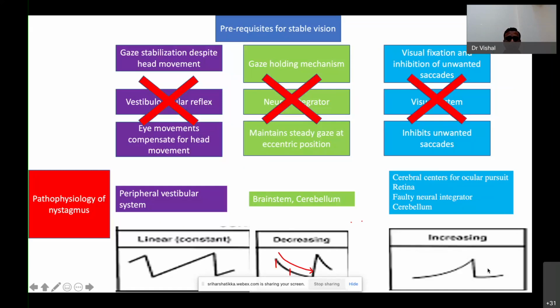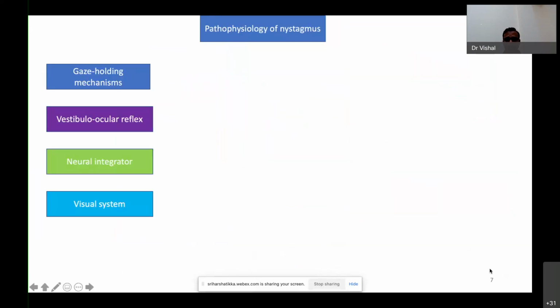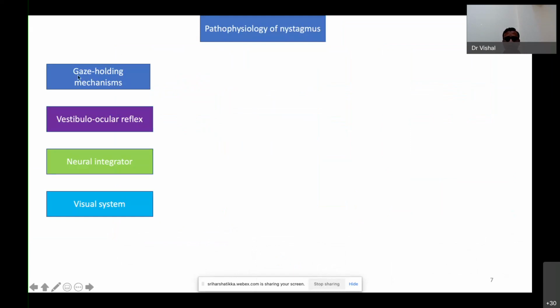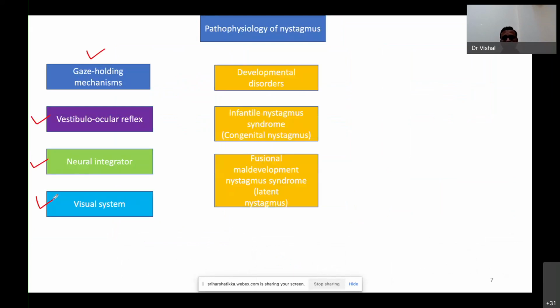Now let us see the various pathophysiologies of nystagmus. The first one I told, if there is any problem in the gaze holding mechanisms, either an issue in the vestibulo-ocular reflex, neural integrator, or visual pathway defect, it can lead to nystagmus. Or there are certain developmental disorders which can affect the visual pathways and lead to infantile nystagmus syndrome, which is earlier known as congenital nystagmus.